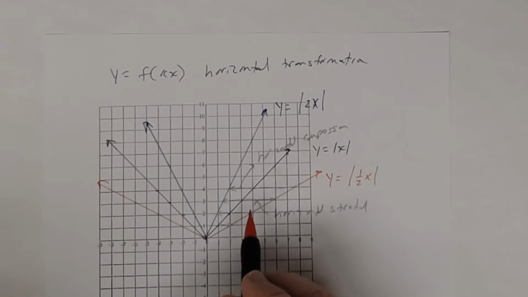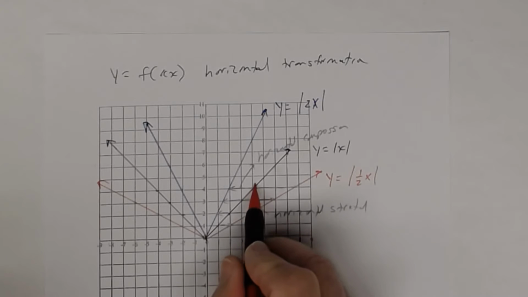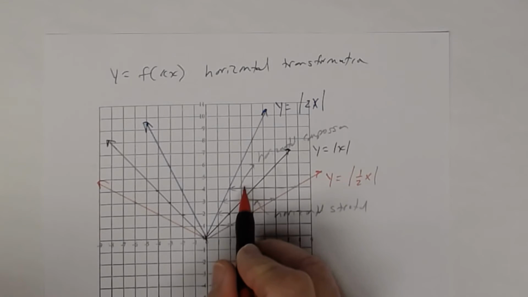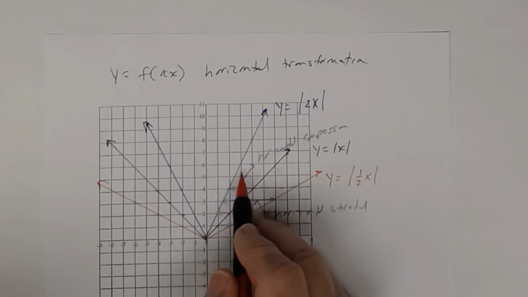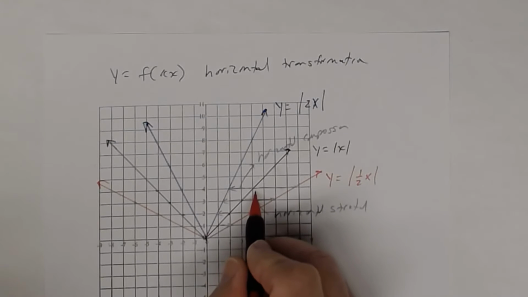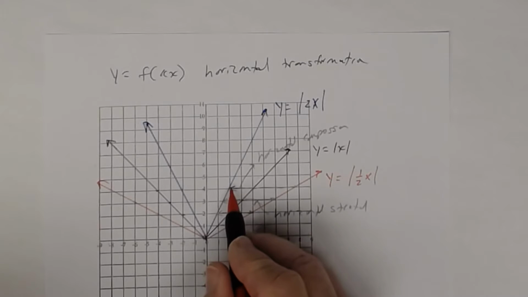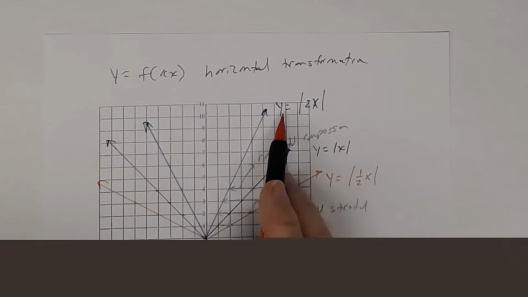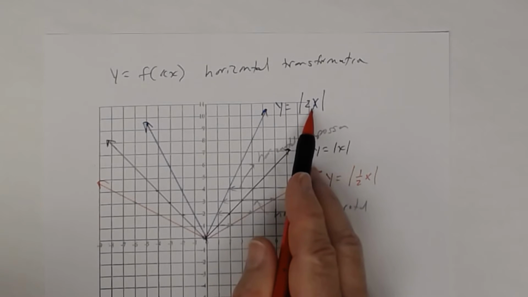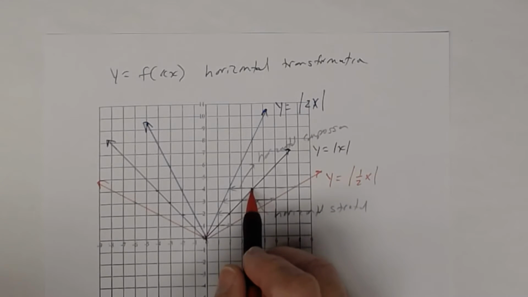Look, I went from here to here. Here's the absolute value of 2x, and here's the absolute value of x. If you take this point, which has x coordinate 4, remember your y values are the same, your x coordinates are different, 4 times 2 is not 2, right? So be careful. You actually divide by 2.